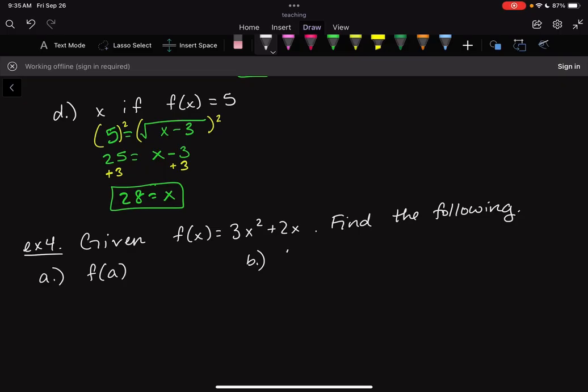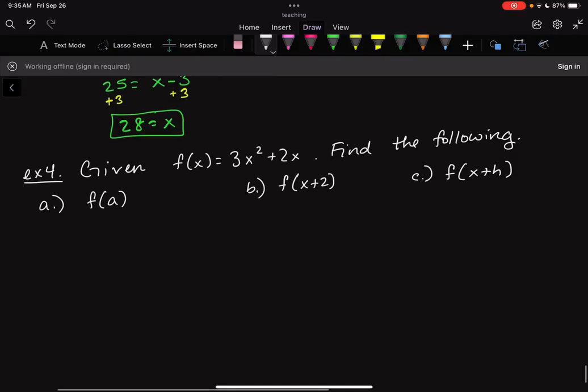Part B will find f of x plus 2. And then for part C, we're going to do f of x plus h. So for all of these, I'm being given an input value and I'm being asked for the output. Now, none of these are a pure number, so that means that at the end of this, we won't have a number, we'll have more of an expression.